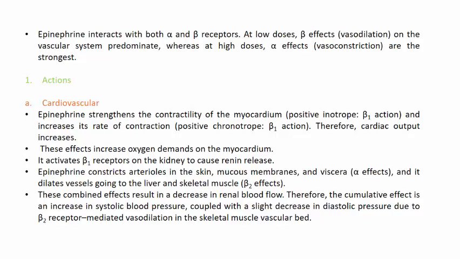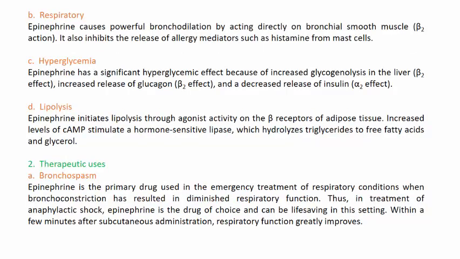Okay, so هذا الأكشن للإبنفرين on the cardiovascular system, واللي هي مثل ما ذكرنا تؤدي إلى increased cardiac output, تؤدي إلى increased oxygen demand on the myocardium, تؤدي إلى activate beta 1 receptor on the kidney, would cause renin release and other effects as you can see in the slide. Okay, another action which is the respiratory.